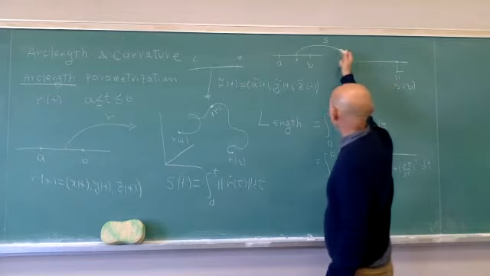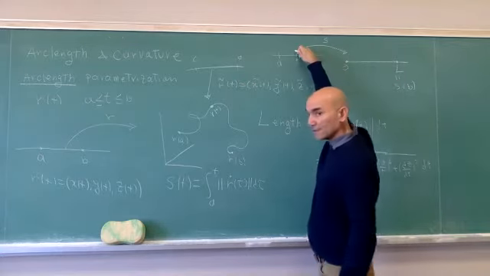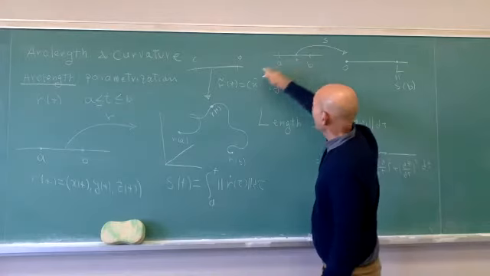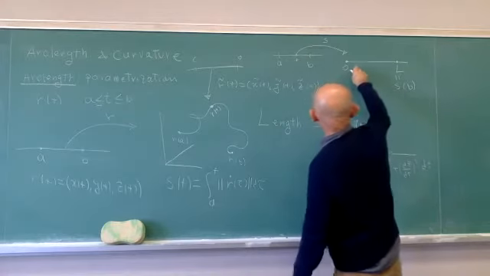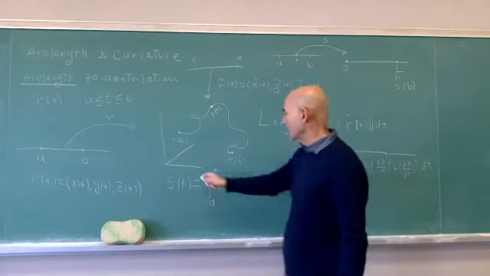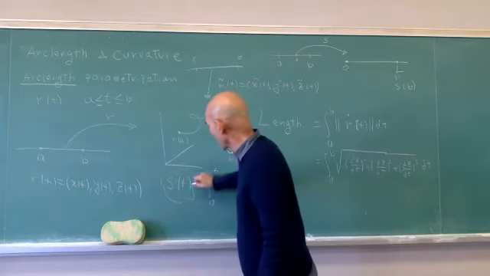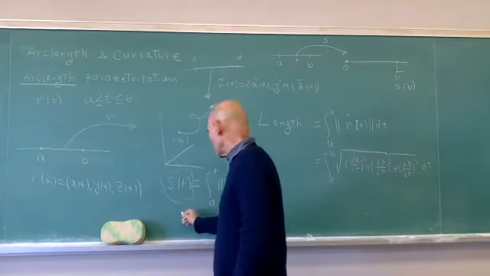And then what we said is that we are going to invert this function to find S in terms of T. So this S of T here, find the inverse function.